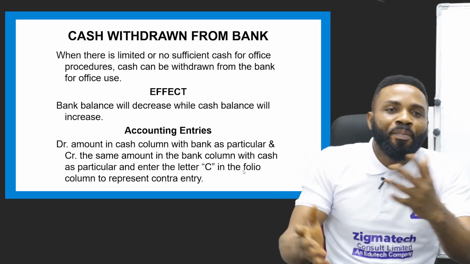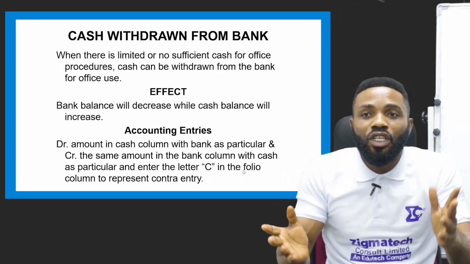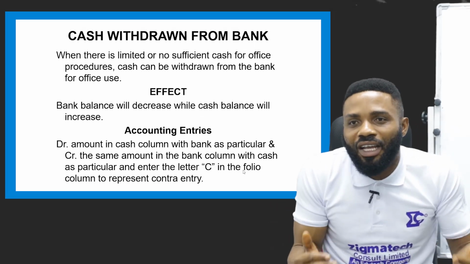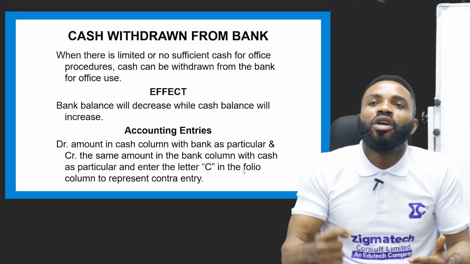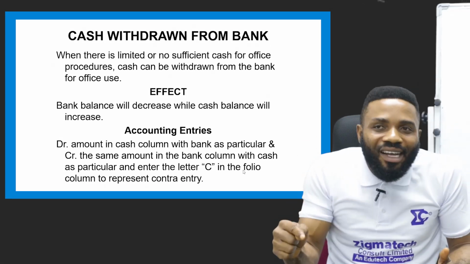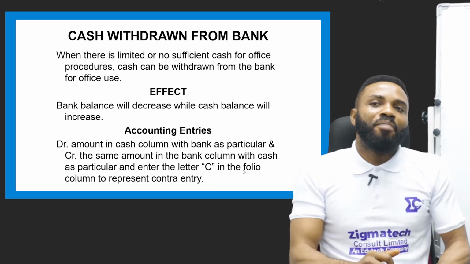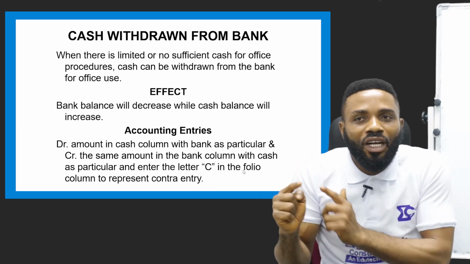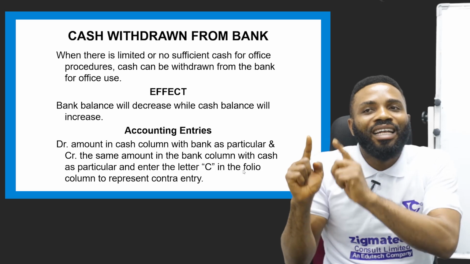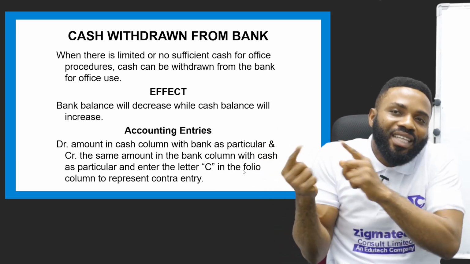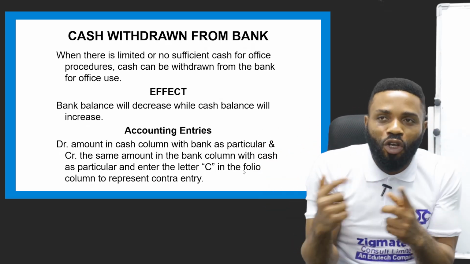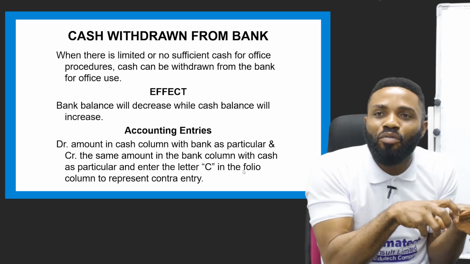And there are some other things we need to attend to in the office that need cash. So what are we going to do? We need to go to the bank to withdraw 300,000. By the time you withdraw 300,000, that money will be taken to the company to add up to the existing money you have.